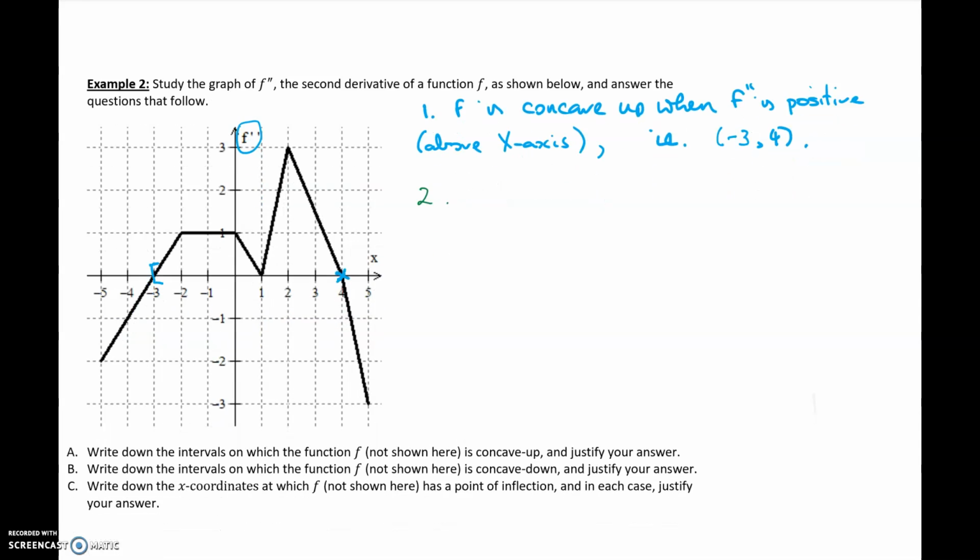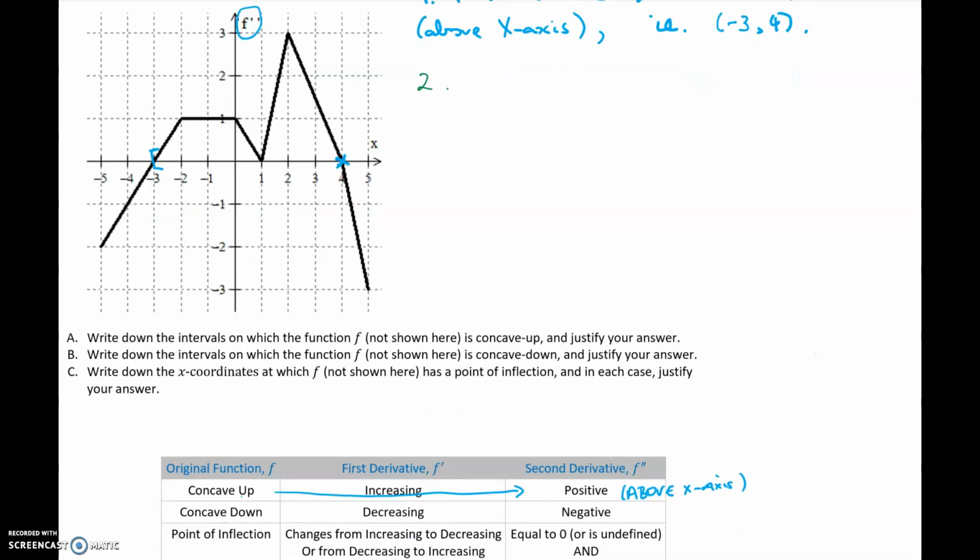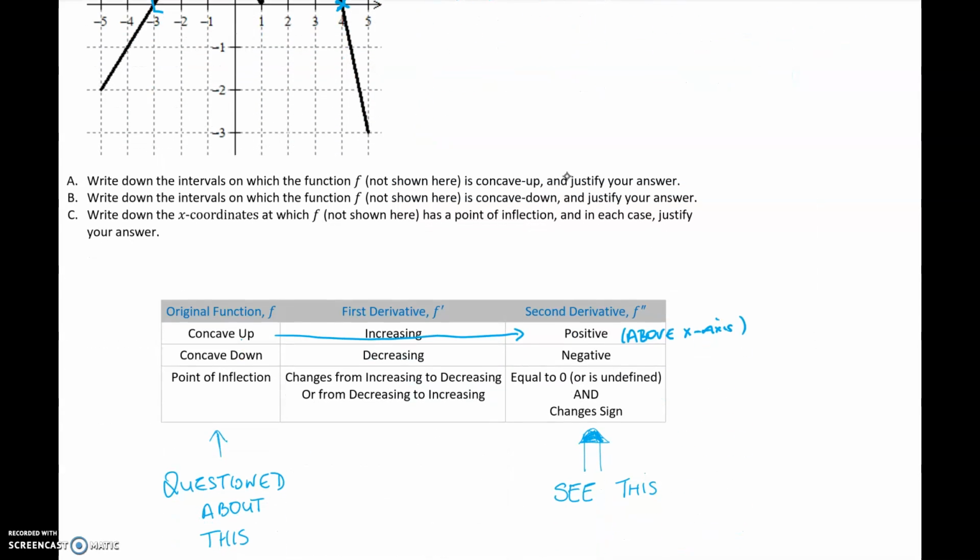Number 2. Write down the intervals in which the function f, not shown here, is concave down. If we want f to be concave down, then we want the second derivative to be negative, which is below the x-axis.